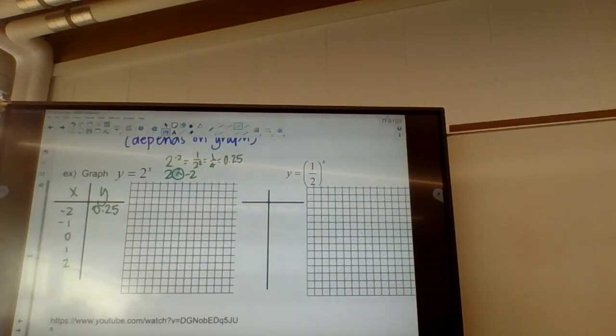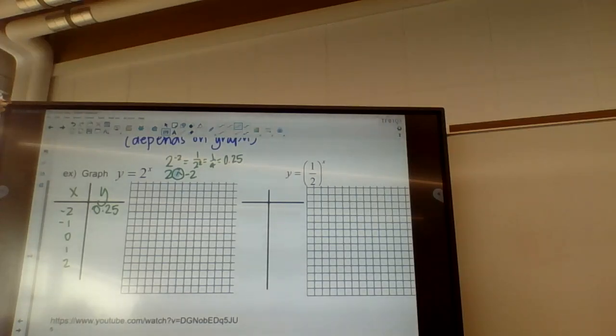That's really weird. Anybody else have trouble finding it on their calculator? Evie's calculator here is a special one. There's a reason it was on sale.